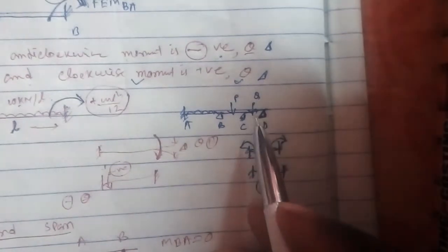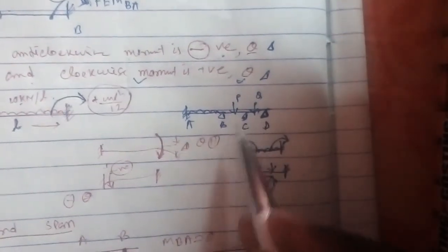It is not correct because for the end span, point D will not carry any moment. It is a great mistake that we generally make.